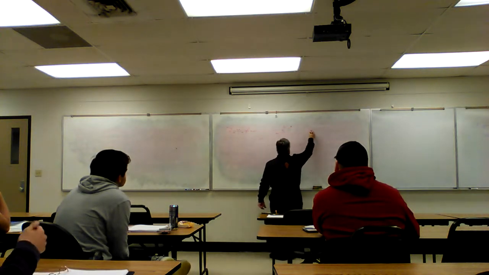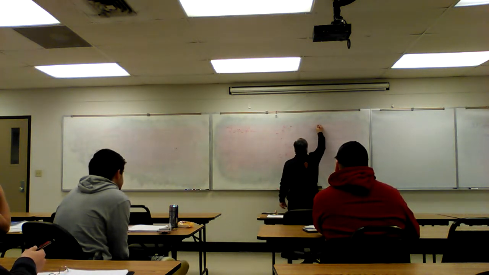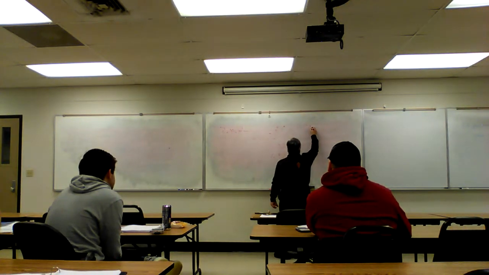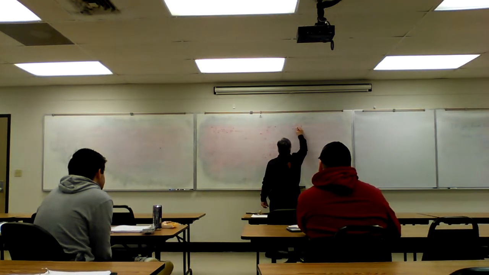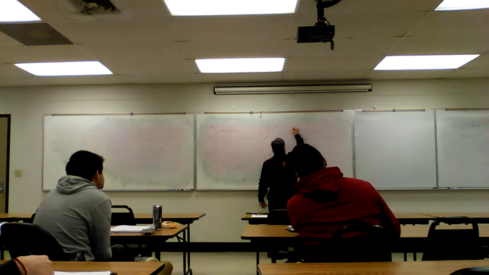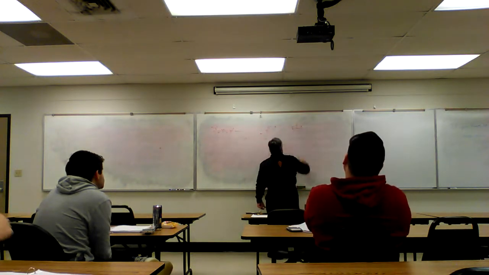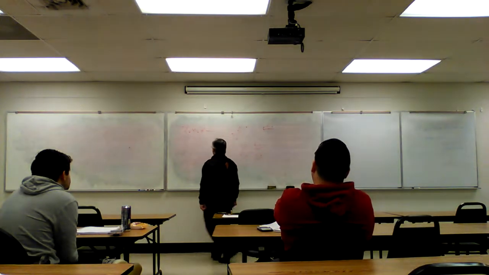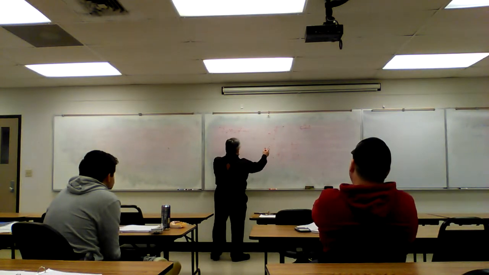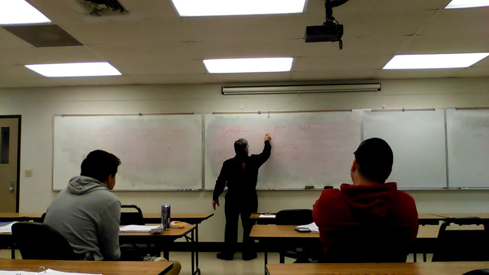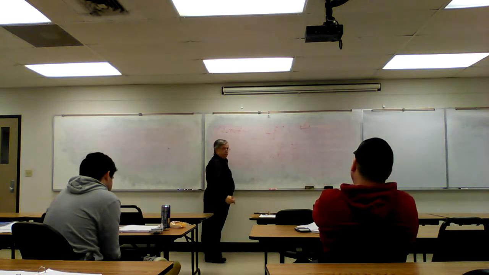So the vector sum would be Q1, Q2. And it would be the vector from here to here, which will actually, because X minus A is shorter, is closer, this should be the larger vector.